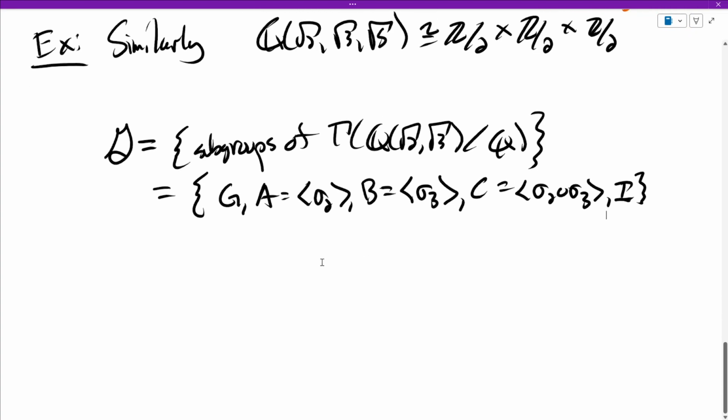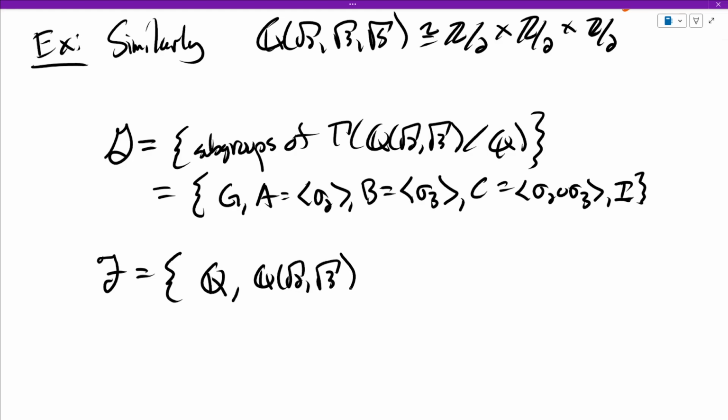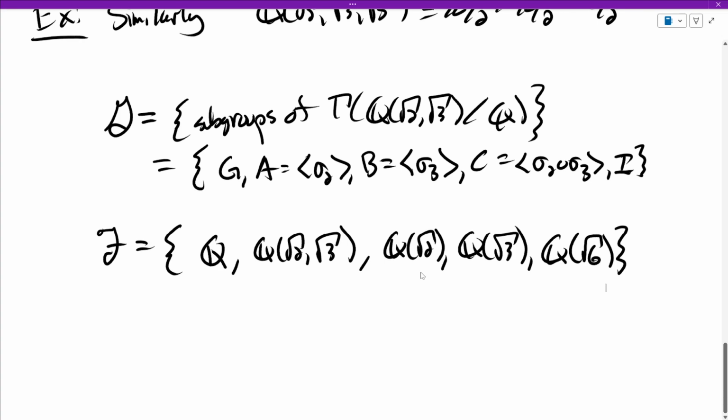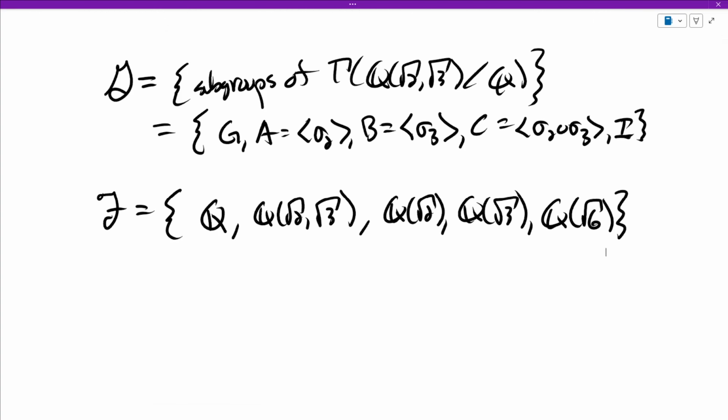Now, in this case, the set of intermediate fields is kind of simple. So we have Q. We have, of course, everything. That's an intermediate field. We have Q adjoin root 2. We have Q adjoin root 3. And there's actually another quadratic extension here. There's Q adjoin root 6. And it's not hard to see that that is all of the intermediate fields, although you'd have to sit there and think about it.